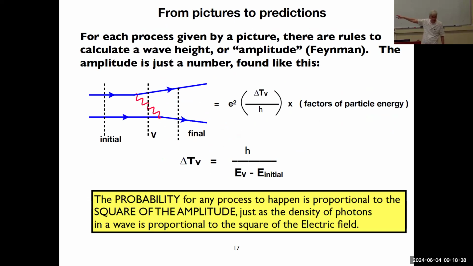So that's a product of e's. So we need to do the two e's, the two denominators, right? And then we have to wave our hands a little bit to talk about factors of particle energy, which has to do with the spins of the particles.